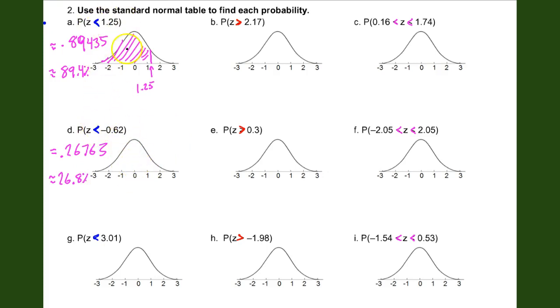And we can show that by finding negative 0.62. Here would be negative 0.5, so 0.62 will be right about here. And yeah, that's definitely about 27% shaded.